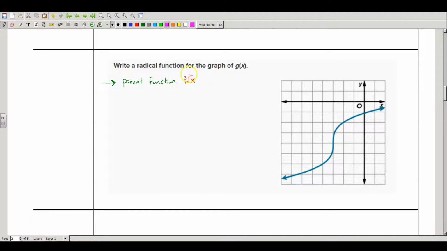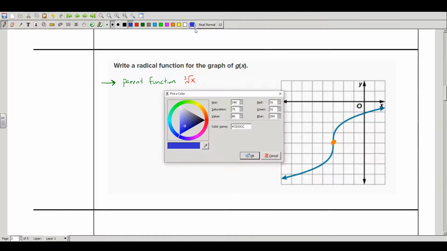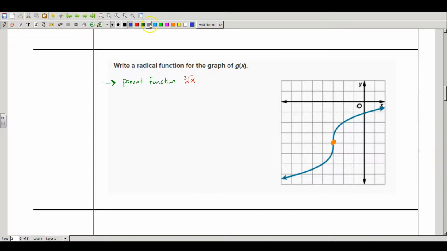With a cube root function, one of the key points was the middle, what we call the inflection point, and you can see that this point is right here on this graph. With a parent function, it's always centered right on the origin, at 0, 0.